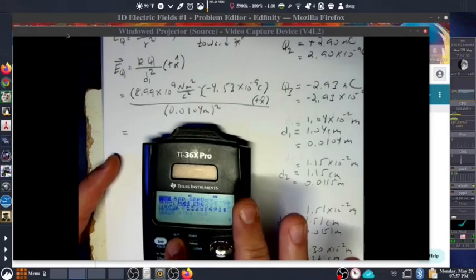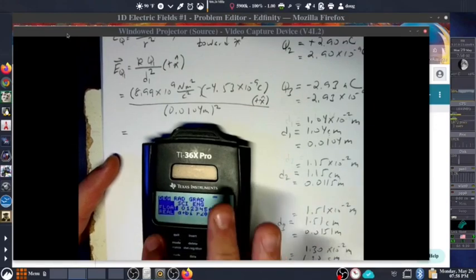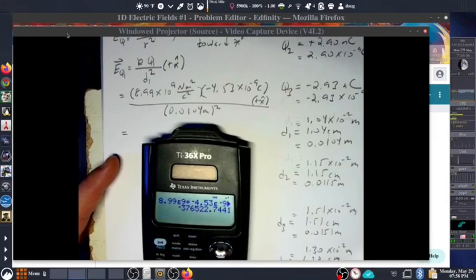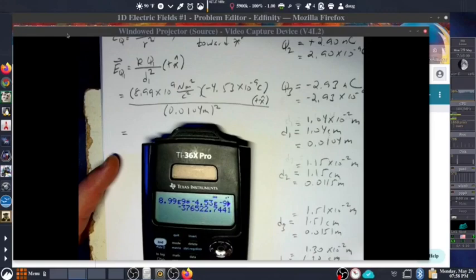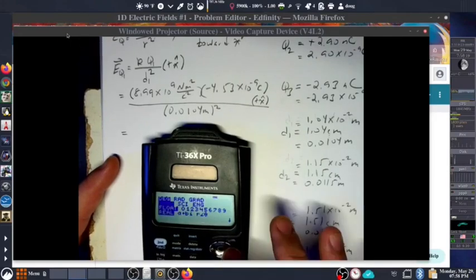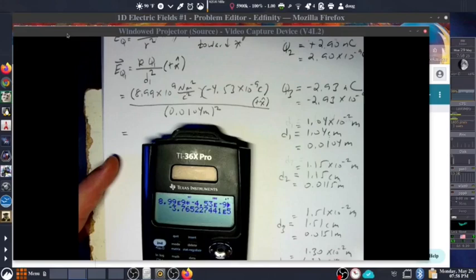I could set this into the normal mode like that, and then if I exit and do the same problem, it writes it all out like that. My preference, particularly when you're dealing with electricity and magnetism, is to have it in scientific notation. So I'm going to set my calculator specifically in that mode and then quit. Okay, and now I have it back in scientific notation.